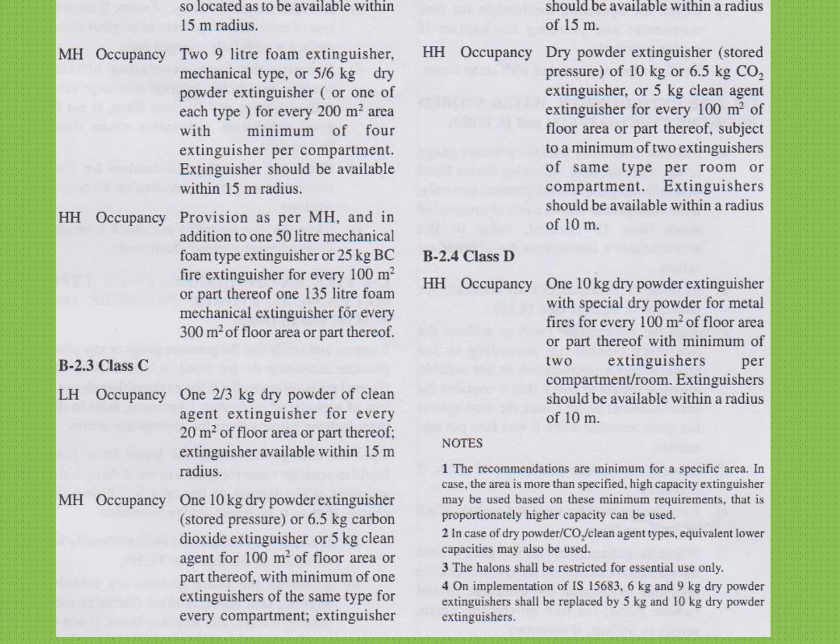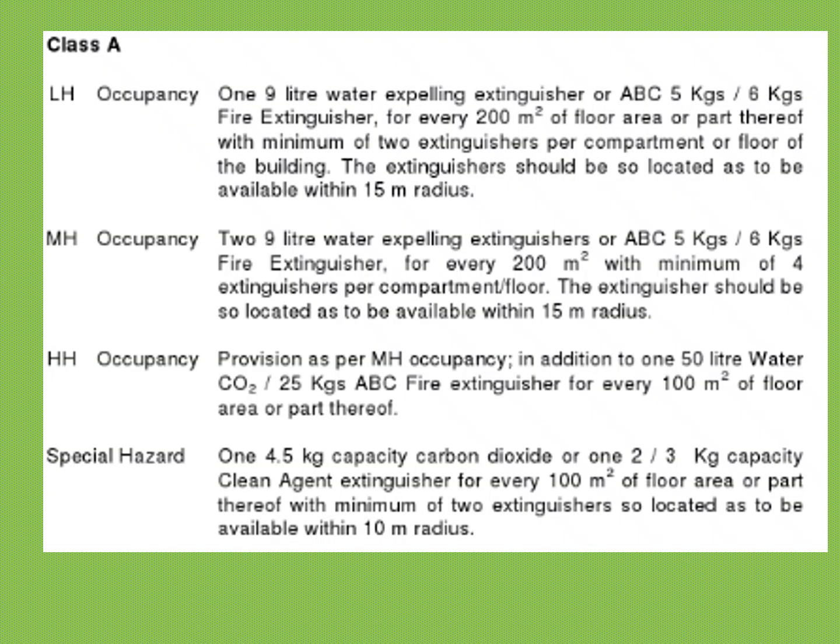Friends, this is the same chart as the previous one for a different occupancy type. One particular extinguisher is recommended and the area covered by it is given. This chart shows class of fire type and class of hazard, what is to be provided for which area.